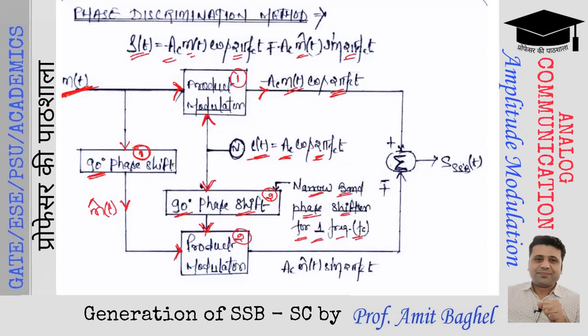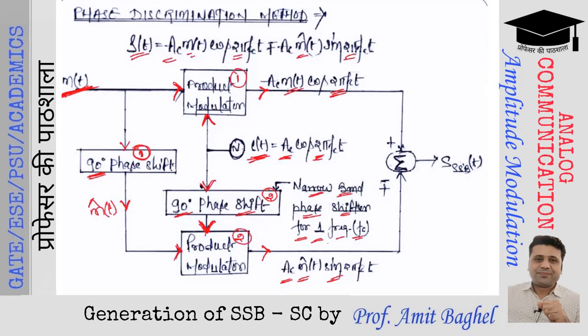So one input to the product modulator 2 is m cap (t). The other input is 90-degree phase shift of c(t), and c(t) is Ac cos 2 pi fc t. So 90-degree shift of Ac cos 2 pi fc t is Ac sin 2 pi fc t. So when we multiply these two inputs in the product modulator 2, the output at the product modulator 2 will be Ac m cap (t) sin 2 pi fc t.